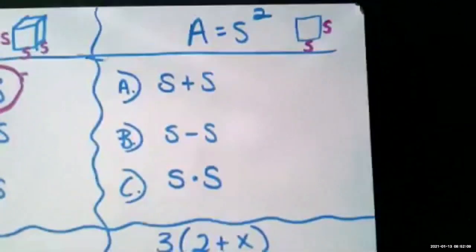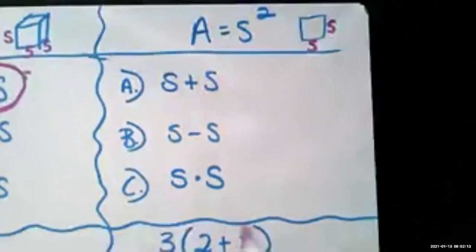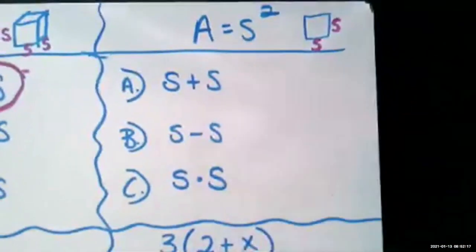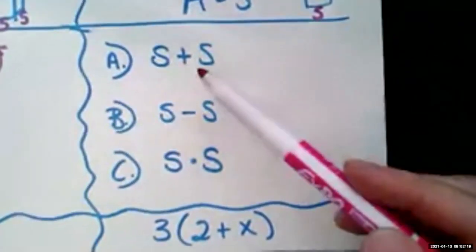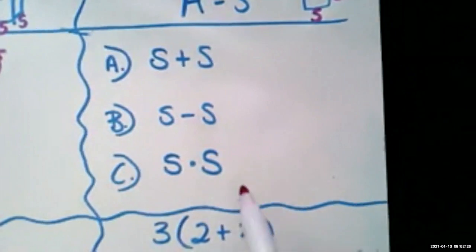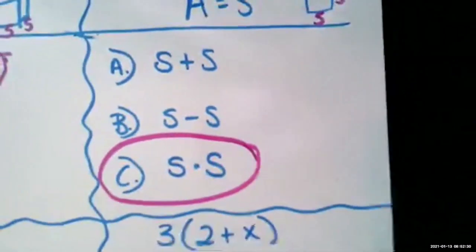Good, good. Just want to make sure we got it. Side squared. Remember, that means multiply. A says side plus side, B is side minus side, and C is side times side. Okay, yes, you are multiplying, so therefore C is the correct answer here.